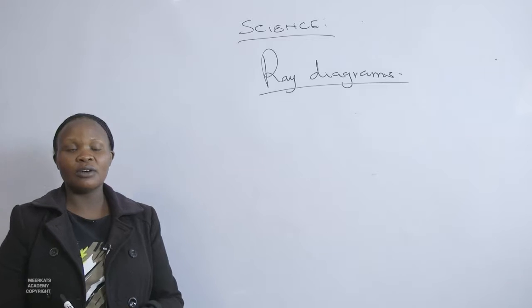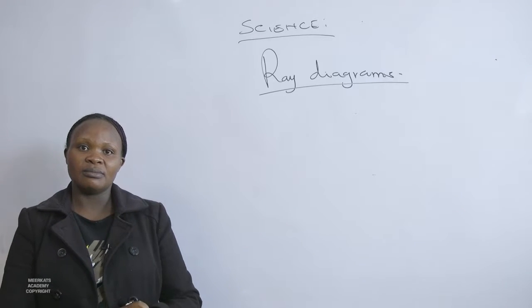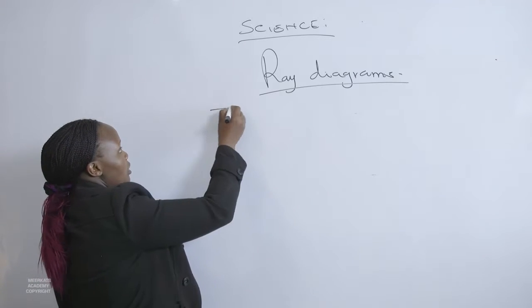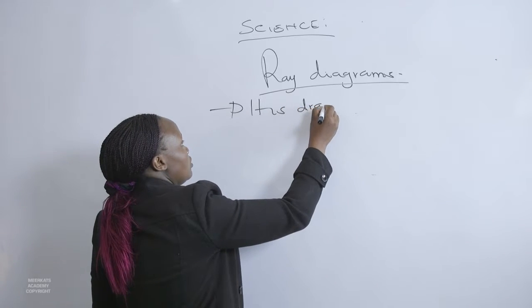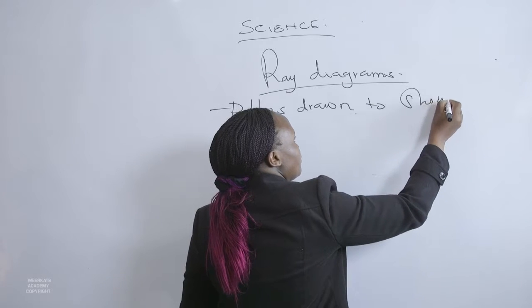Before we look at the law of reversibility of light, let us consider some ray diagrams. A ray diagram is drawn to show the following.